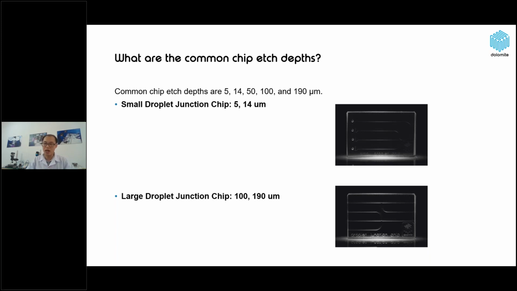The second type is the larger chip junction, with 100 and 190 micrometers. Normally, chip blocking is very serious with the small droplet chip junction size, as it is very easy to get blocked by contaminants in the solution. For the larger drop junction chip, chip blocking can be less of a problem if you take great care over the solution before the experiment.